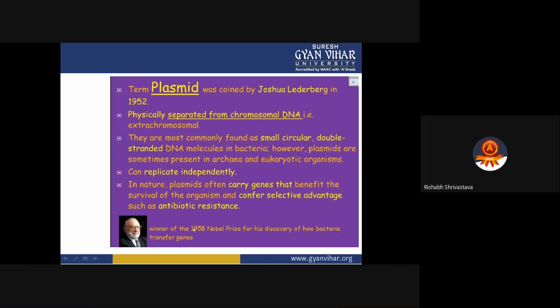However, plasmids are sometimes present in archaea and eukaryotic organisms also. They can replicate independently. In nature, plasmids often carry genes that benefit the survival of the organism and confer selective advantages such as antibiotic resistance.